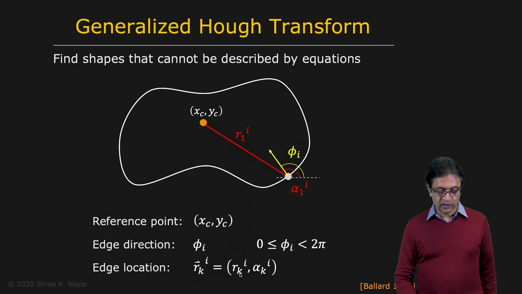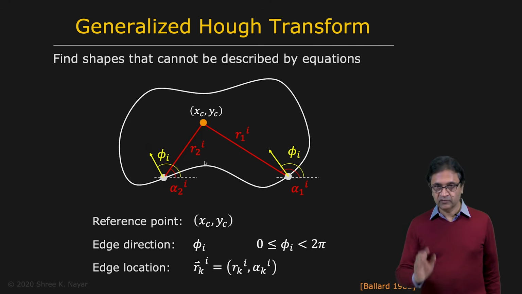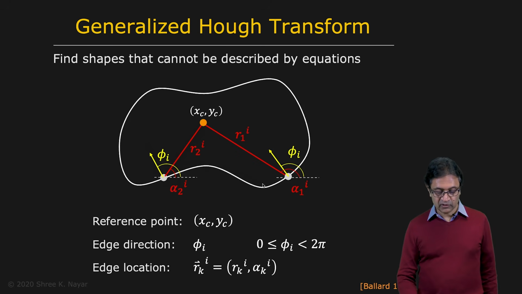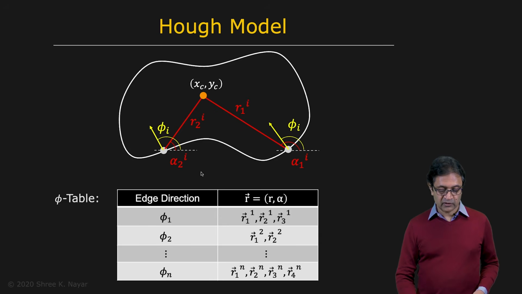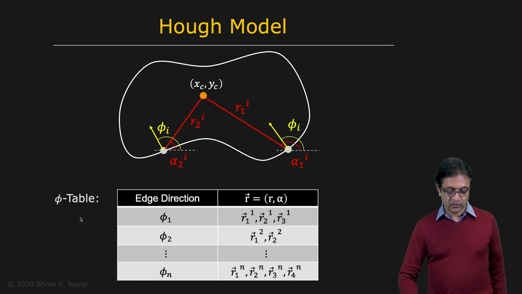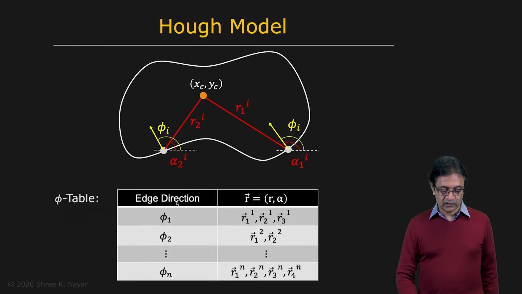And the reason you might have multiple points is that you might come around the object and find the same edge direction here, which is phi i, and that has a different vector r associated with it. So offline, you're going to run around the boundary of this object after defining the reference point, and you're going to create a table, and this is what we call the phi table, where on the left side, the index is going to be your edge direction, and the entries on the right side are all the r vectors associated with that edge direction.